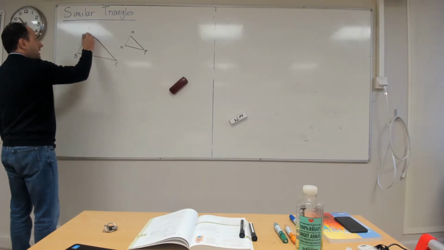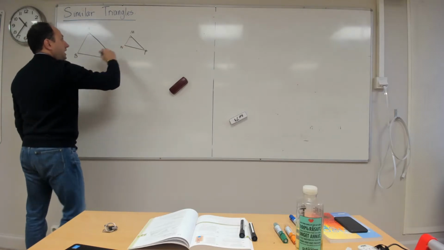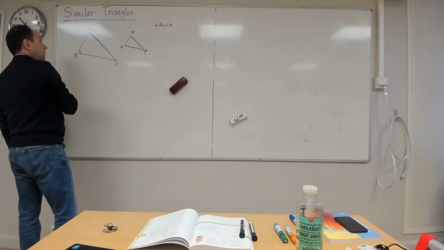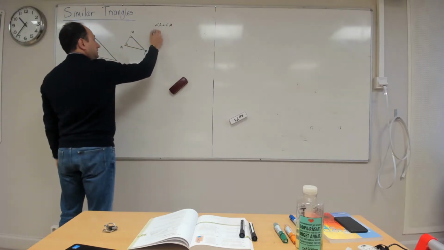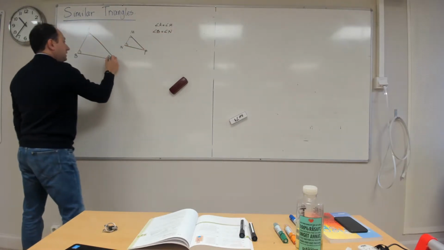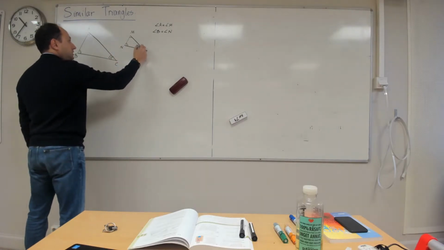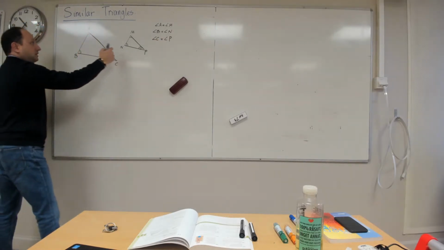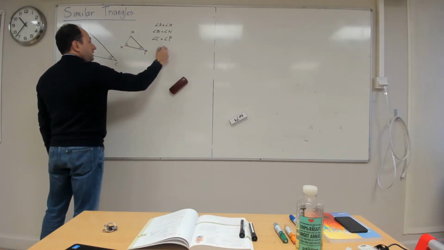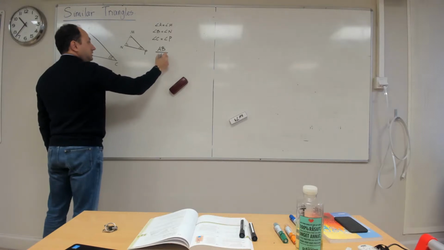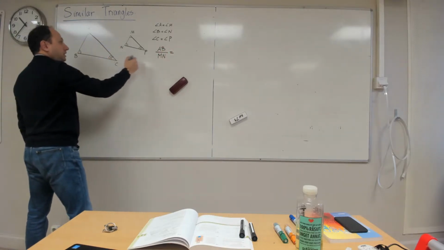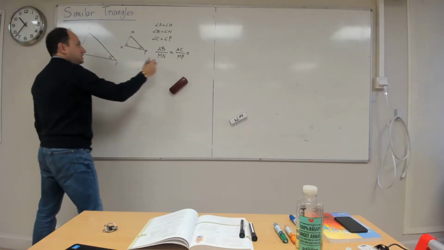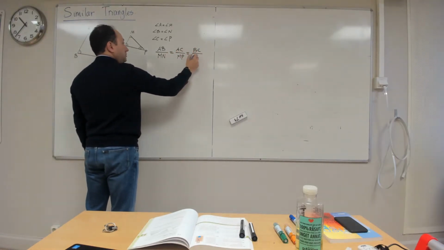It means that angle A is equal to angle M, angle B is equal to angle N, and angle C is equal to angle P. Moreover, the ratio of AB to MN is exactly the same as the ratio of AC over MP, and it's exactly equal to the ratio of BC over NP.